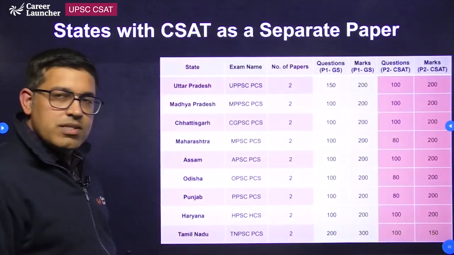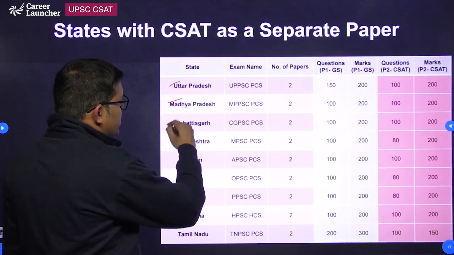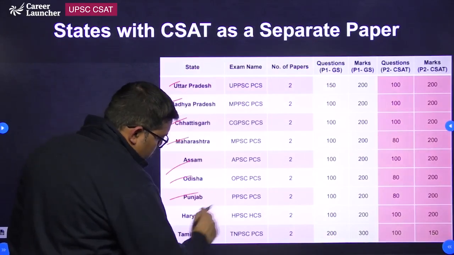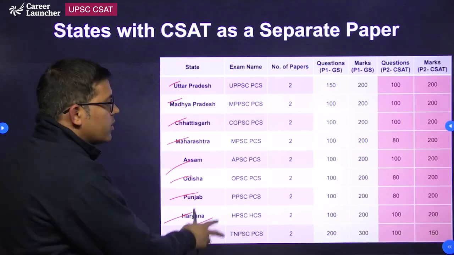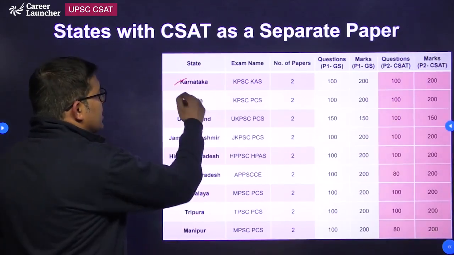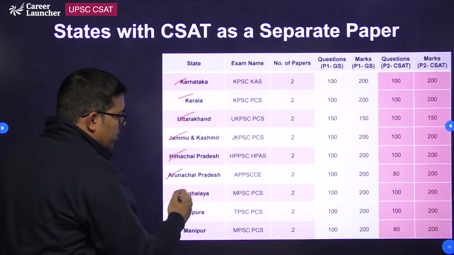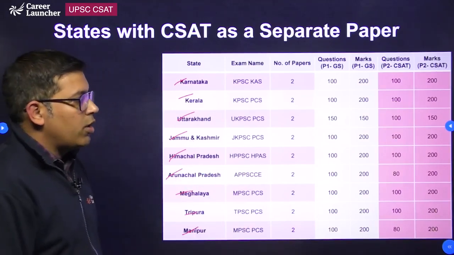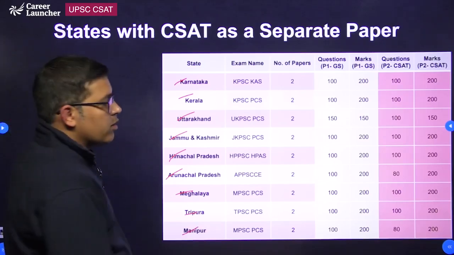I've given a list, you can just see. So UP, MP, Chhattisgarh, Maharashtra, Assam, Odisha, Punjab, Haryana, Tamil Nadu, all of them have CSAT in the state PCS, Karnataka, Kerala, Uttarakhand, Jammu Kashmir, Himachal, Arunachal, Meghalaya, Tripura and Manipur. All of them have CSAT as a qualifying paper.